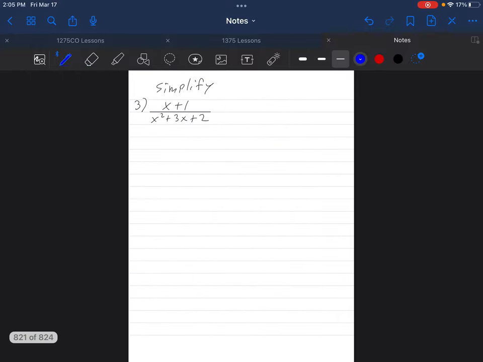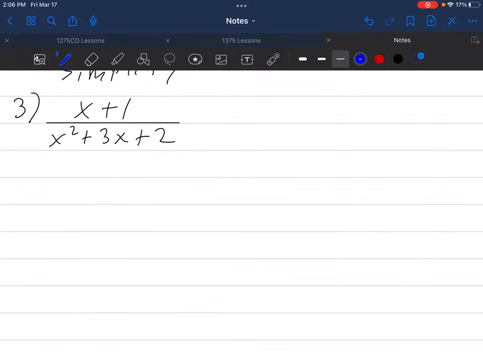Next up, let's look at this rational expression. Let's simplify this rational expression. Remember, the first step in simplifying a rational expression is to factor, and factor maintains equivalency.